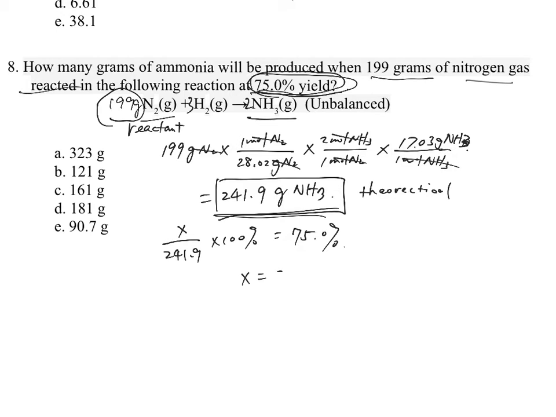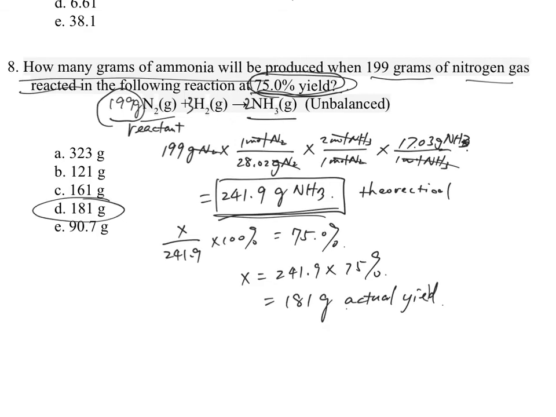Your x should equal 241.9 times 75%, and that's going to give you 181 grams actual yield. So how many grams of ammonia are you actually going to produce? Answer D, 181 grams.